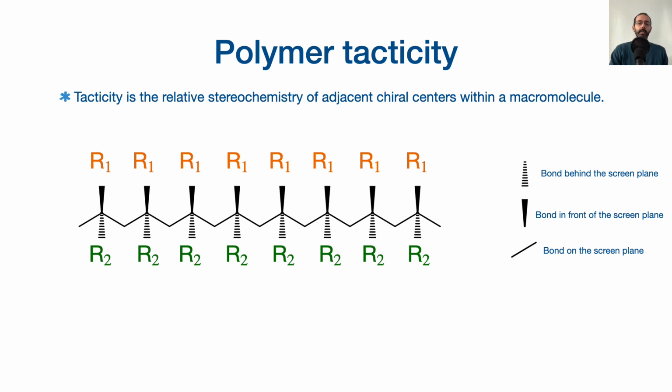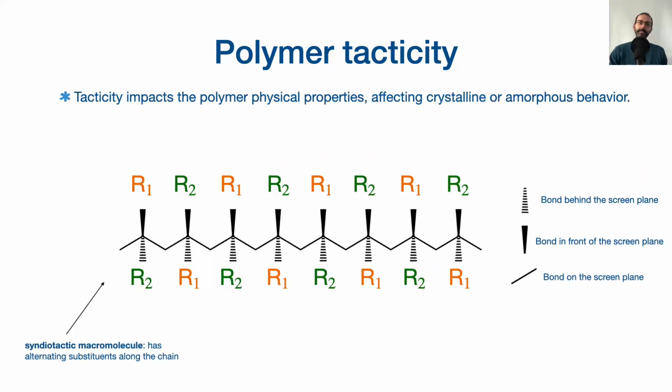Now, this molecule here represents actually an isotactic macromolecule with identical configurational repeating units. Right here we call them R1 and R2. Okay, so this is an isotactic macromolecule. The tacticity actually impacts the physical properties.